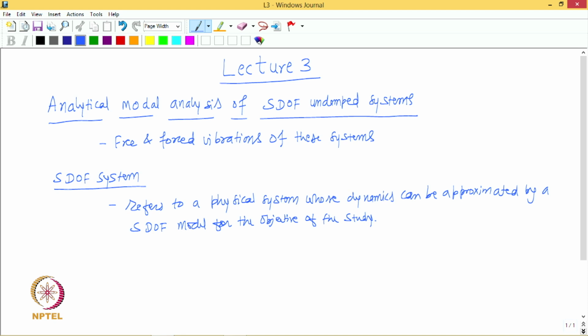Similarly, a multi-degree of freedom system refers to a physical system whose dynamics can be approximated by a multi-degree of freedom model for the objective of the study.